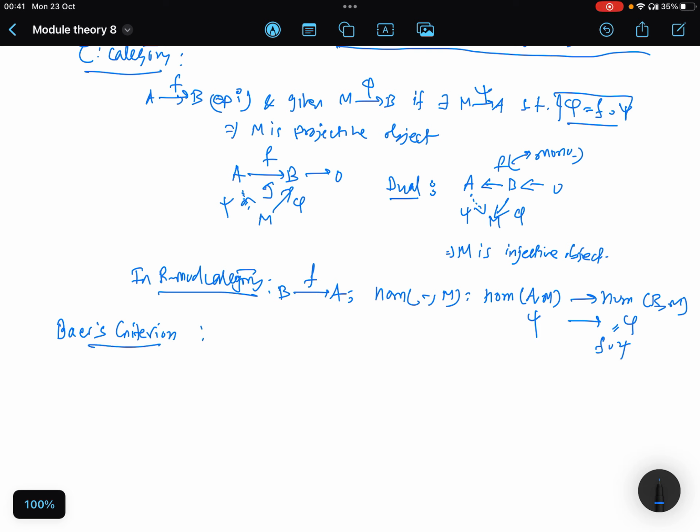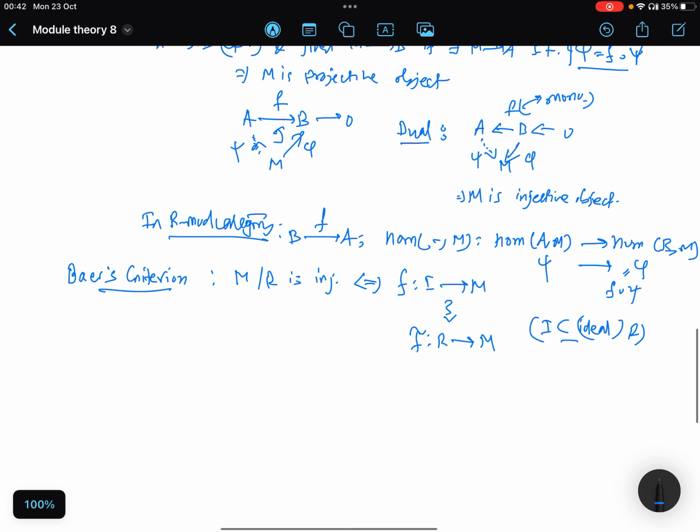Basically it says that a module M over R is injective if and only if any map from any ideal I to M has an extension from R to M.